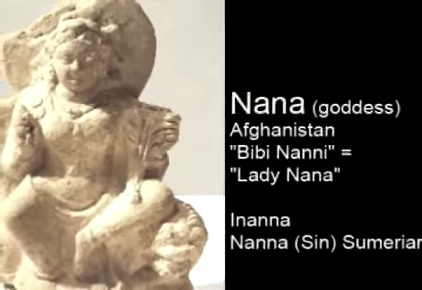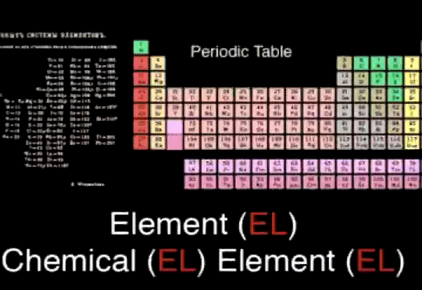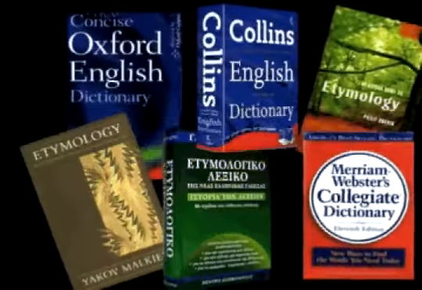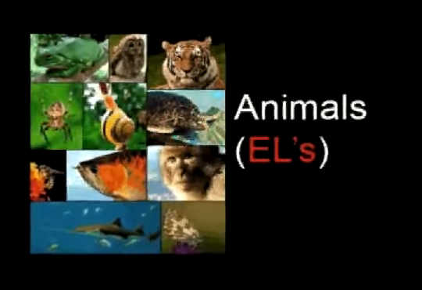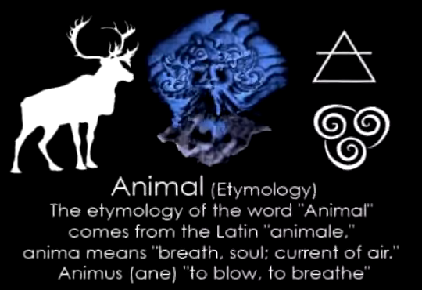So like I said, all of these primordial creator gods are gods who have the element of the air, which is why the very etymology of the word animal tells us that it is a living creature that breathes air.